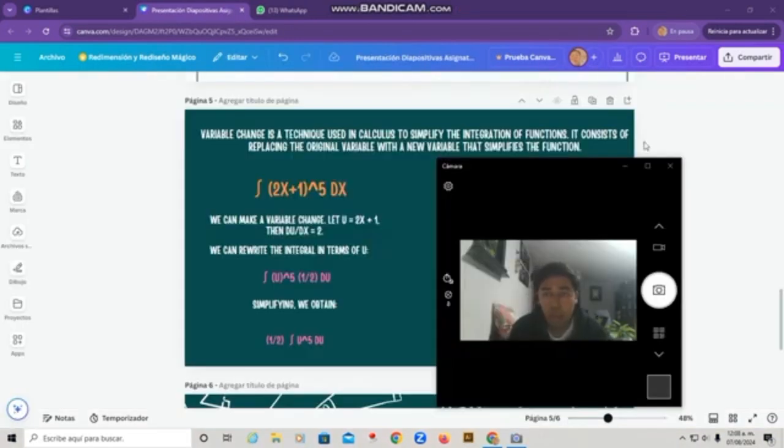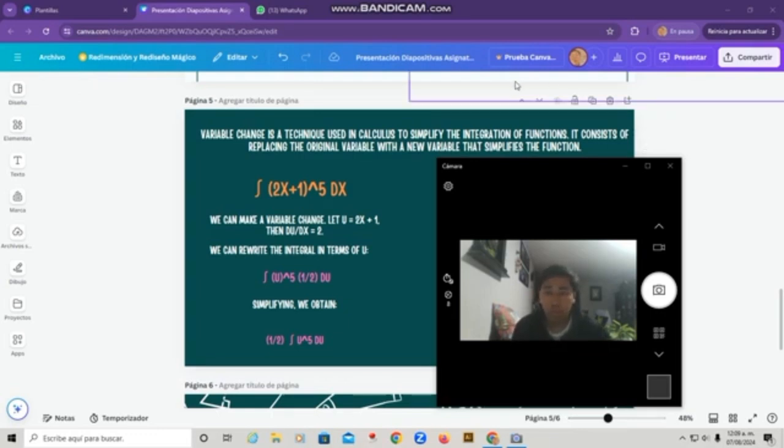Okay, I am going to continue with the third example and the third technique, the variable change. This is a technique that is used in calculus to simplify the integration of functions. It consists of replacing the original variable with a new variable that simplifies the function.